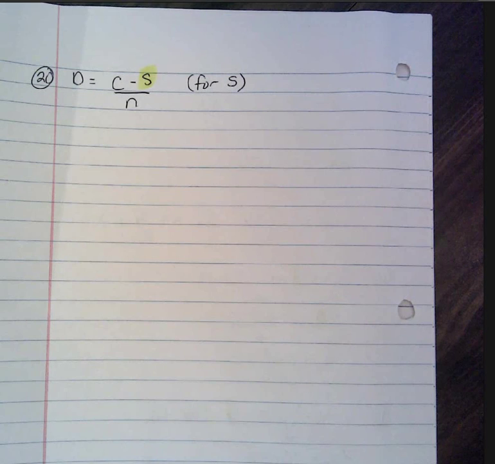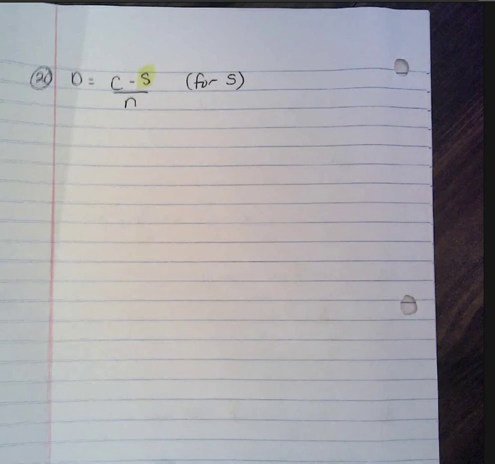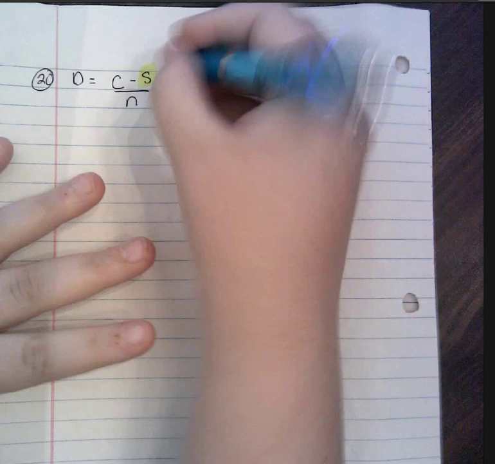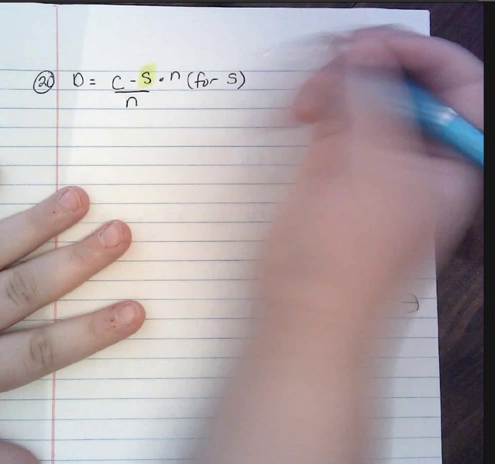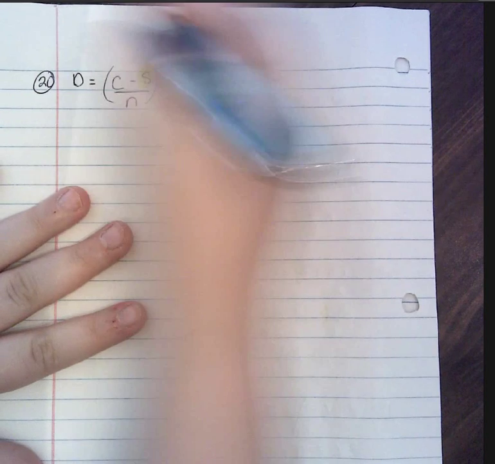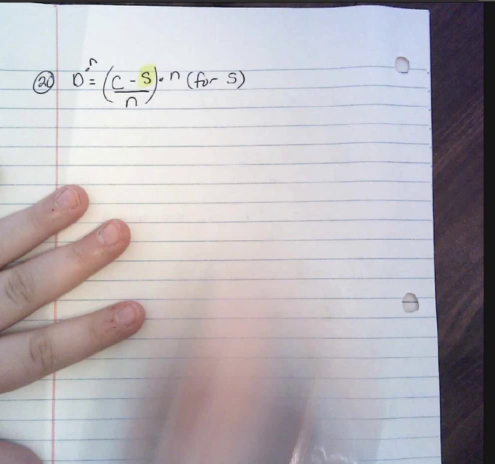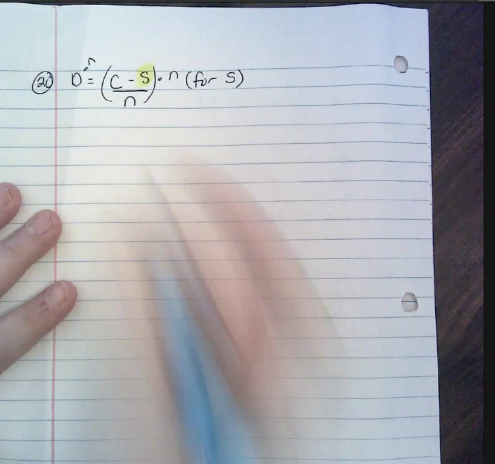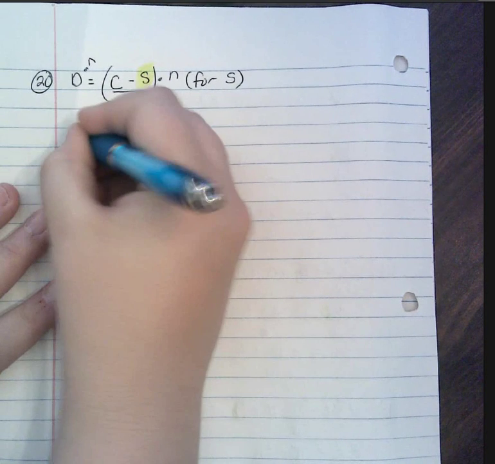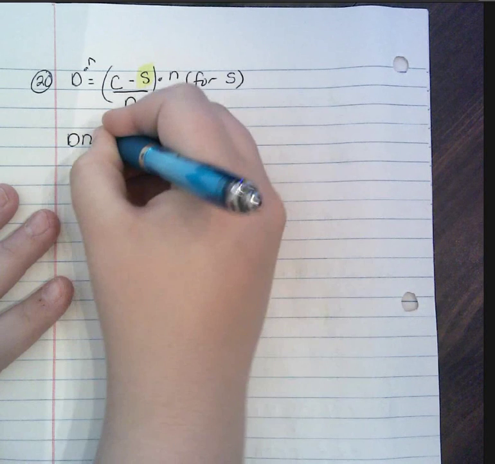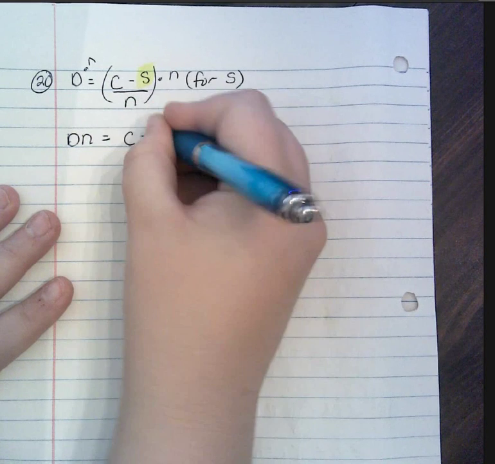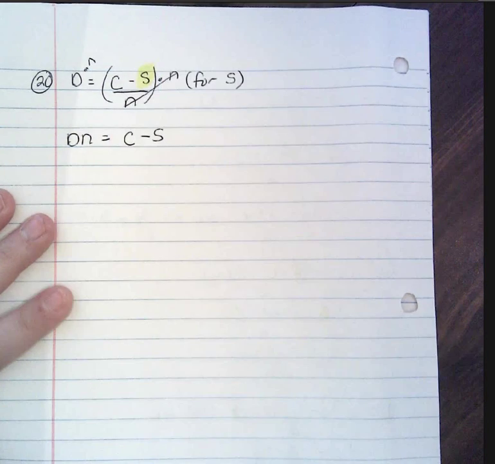Well, the first thing you should do is get rid of the denominator. Anytime you see a denominator in here, we want to get rid of it. So we'll do that by multiplying everything by n. So that gives us dn equals c minus s, because these n's are going to cancel.